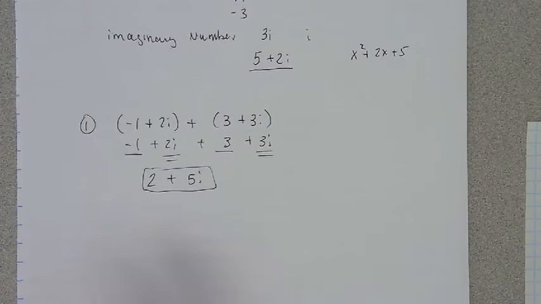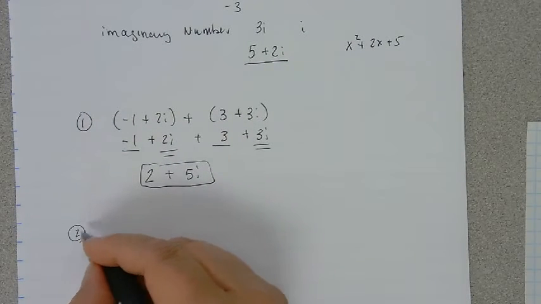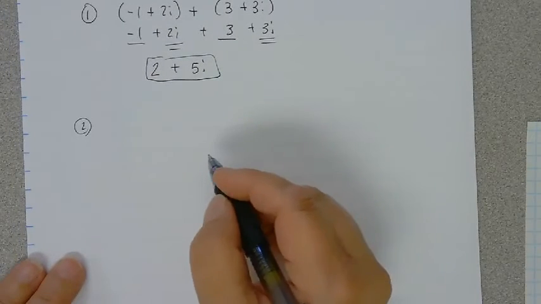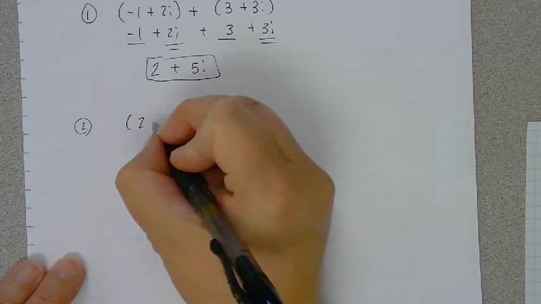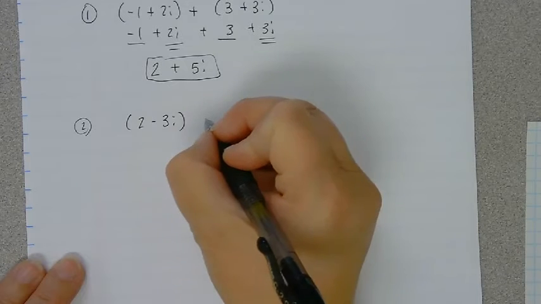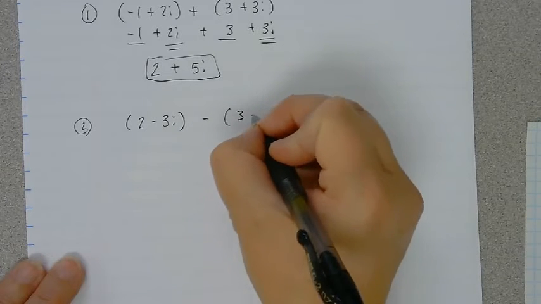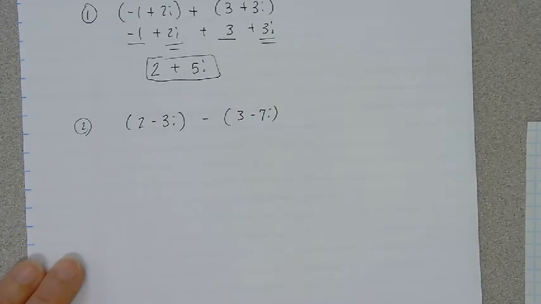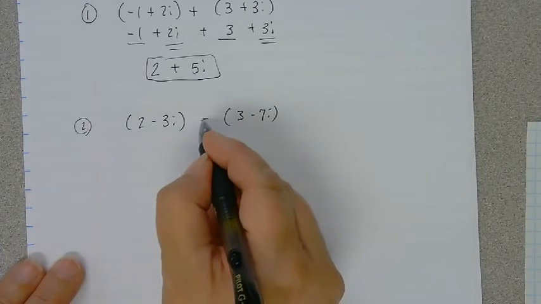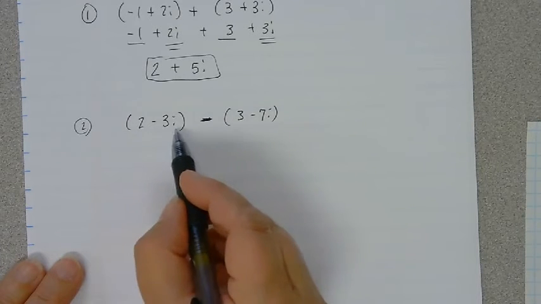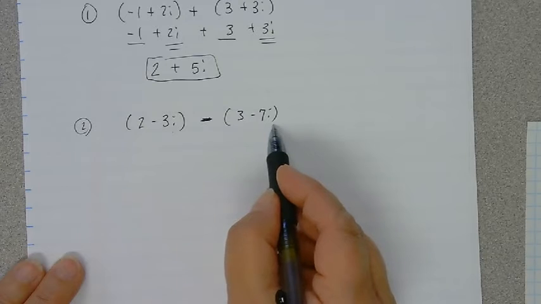Okay, let's do a subtraction problem. So here's example 2. Parenthesis 2 minus 3i minus parenthesis 3 minus 7i. So this time, because there's a minus in between, I'm going to take this first one and subtract everything in the second one.